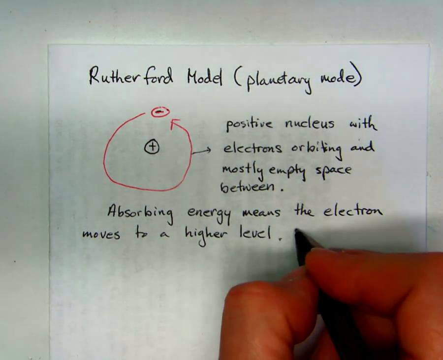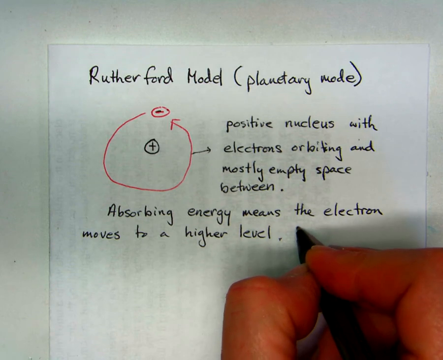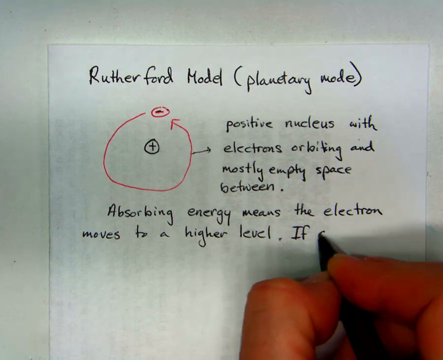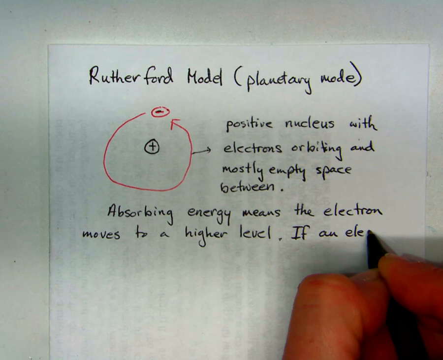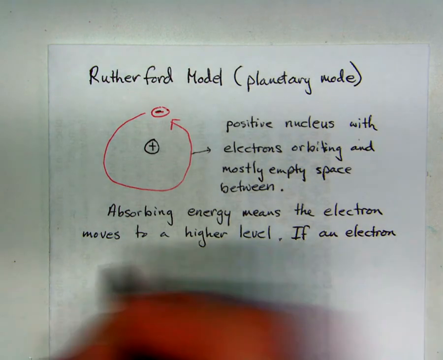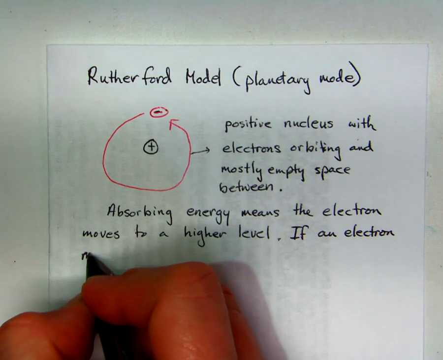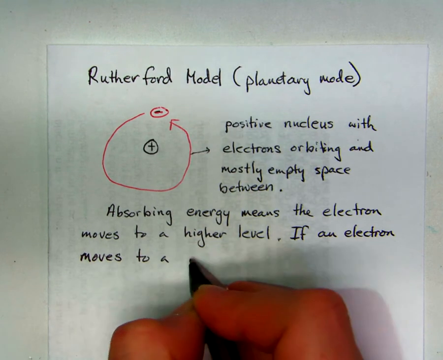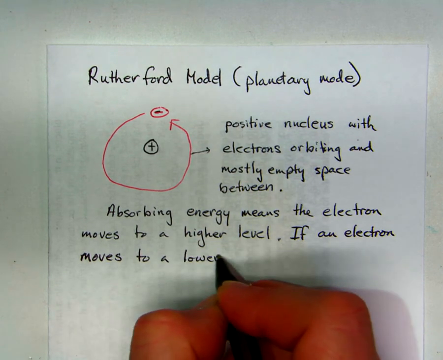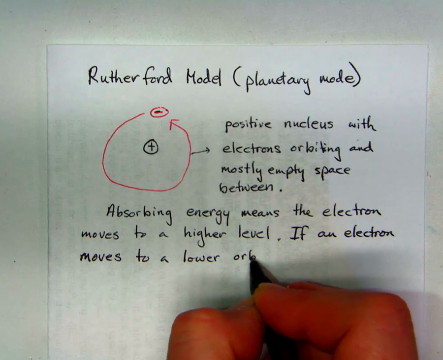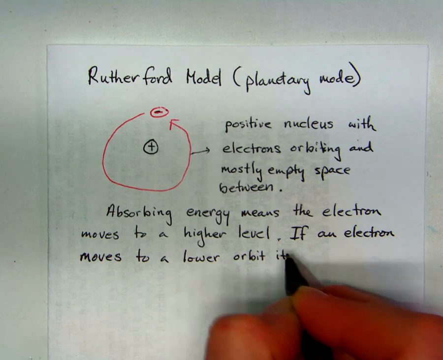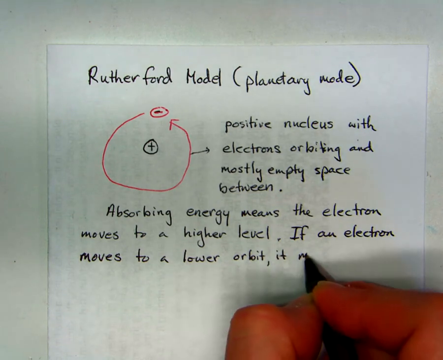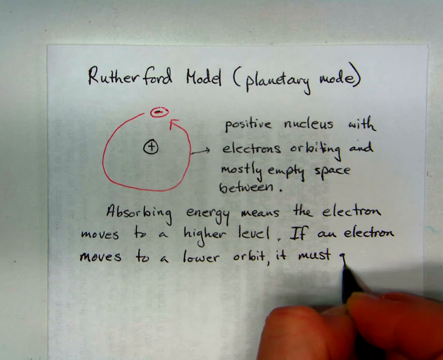What this also means is if an electron moves to a lower orbit, it must give off energy.